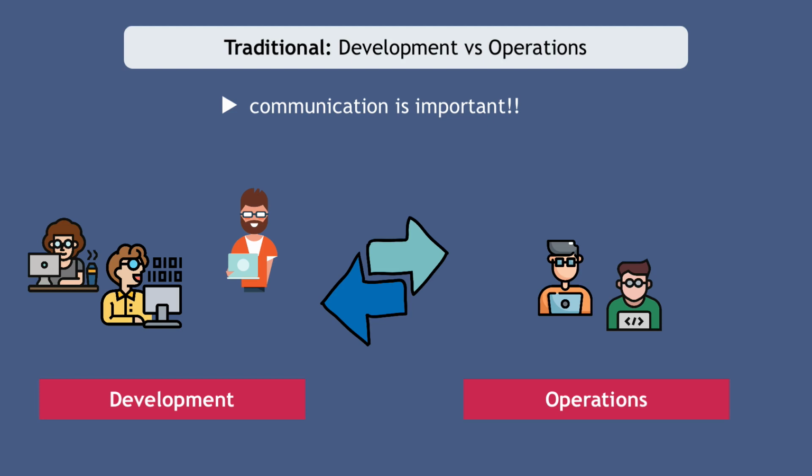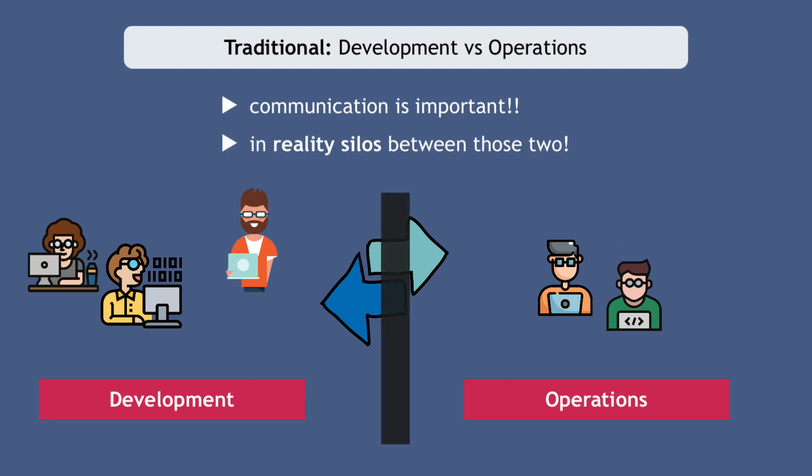That requires very effective communication between these two roles. The reality is, because these roles are so different, there is basically no interface between them. So the communication is very difficult between those two roles to make this process effective.